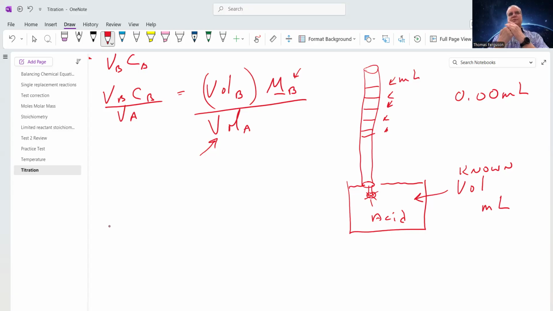What is the relationship between the moles of acid and moles of base? Is it 1-to-1 or 2-to-1? Or 3-to-1? Always go back to your stoichiometry. What is the molar ratio, which is the coefficient, just like we do in stoichiometry calculations? That's why we balance equations. You always go back to that.